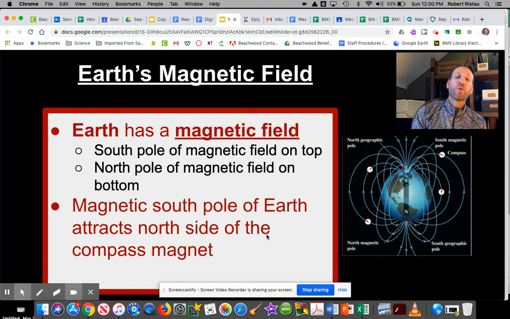So the magnetic south pole of Earth attracts the north side of the compass magnet, so that when you're facing the geographic direction of north, the compass will point to the north geographic pole because it's the south magnetic pole, and opposites attract. Okay. All right, pause the video if you need to. Copy down this before I move to the next slide.